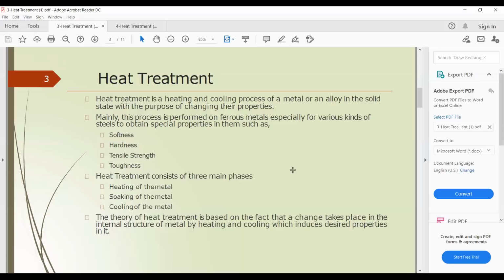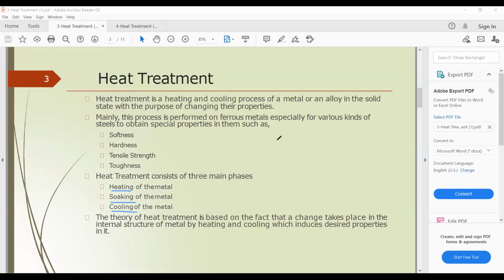But commonly, this heat treatment process has three phases or the three steps, right? What are them? First, heating of the metal, soaking of the metal, and cooling of the metal. So these three functions or these three process have been done during this heat treatment process. Okay.